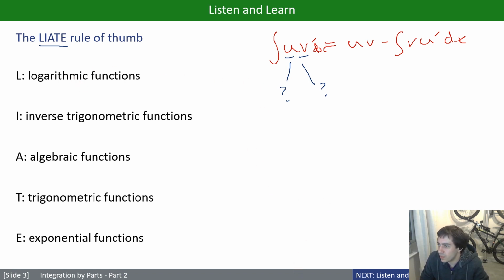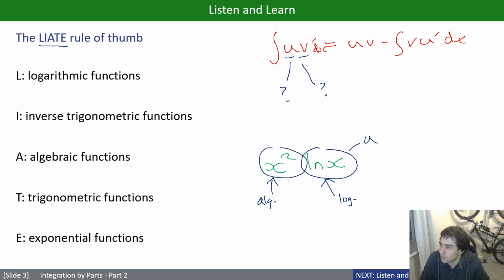So let's just throw out an example. Let's say you had x squared times ln x. Then according to this rule, this is algebraic and this one is logarithmic, so this should be our u, and this should be our v dash, right?